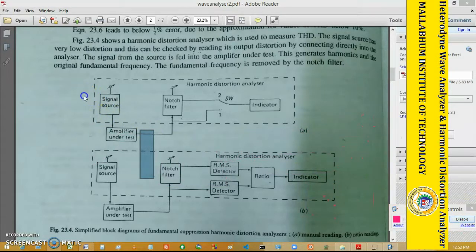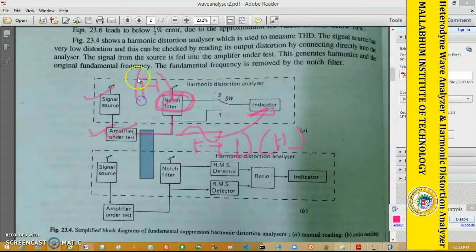So this is a very simple circuit. You can see that this is the signal source, this is the amplifier under test, this is your notch filter. The output waveform generated by the amplifier circuit is composed of the fundamental plus the distortion. Distortion means harmonics. So that is measured by this indicator. And after the waveform is passed through this notch filter, the main aim of the notch filter is to remove the fundamental frequency.